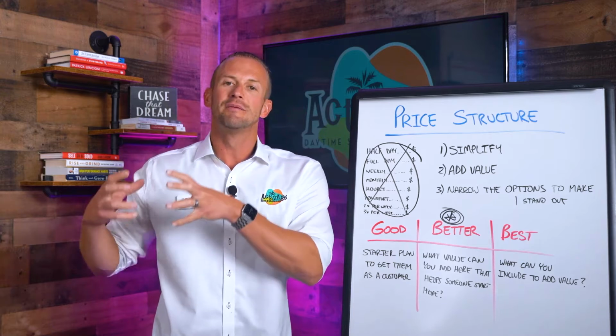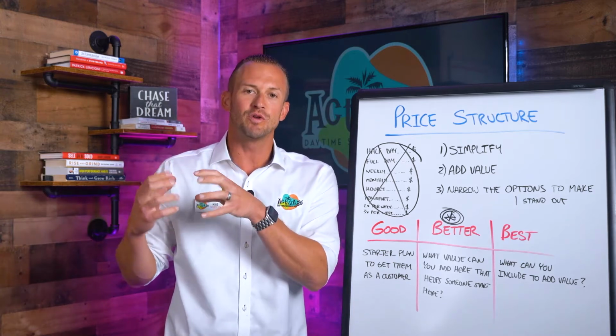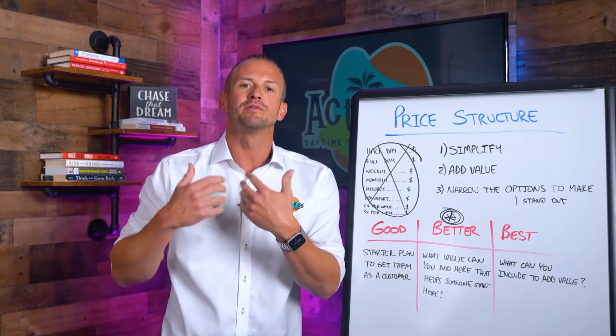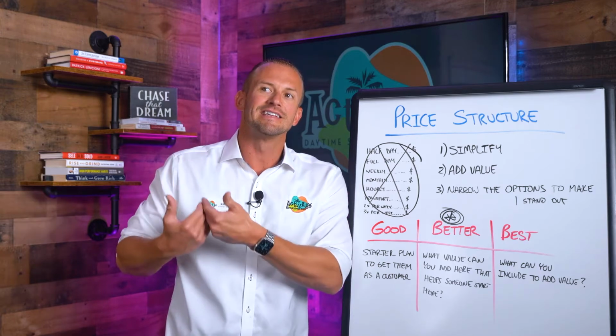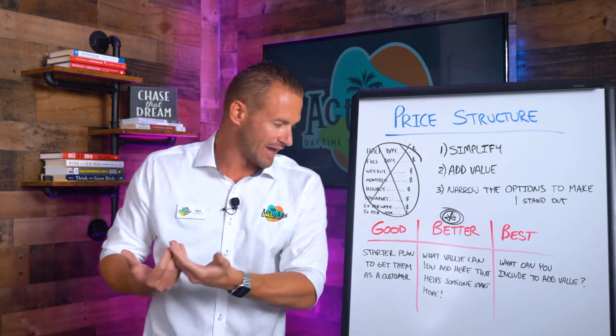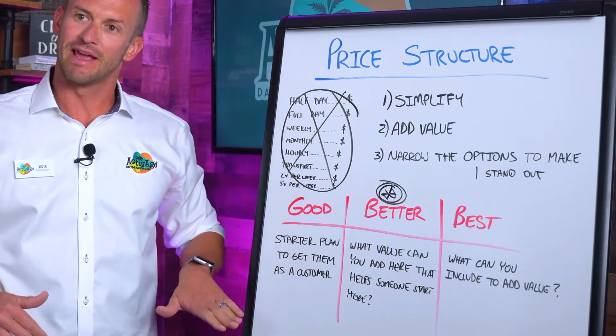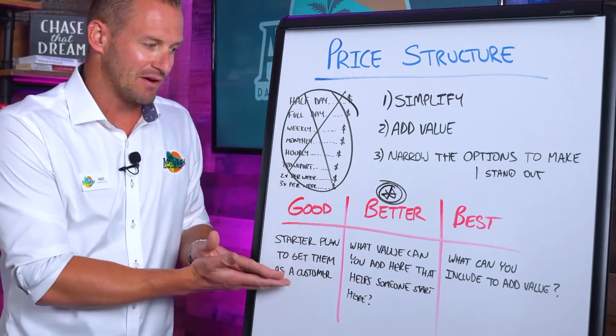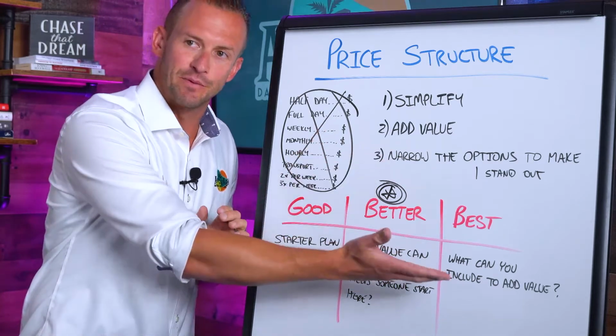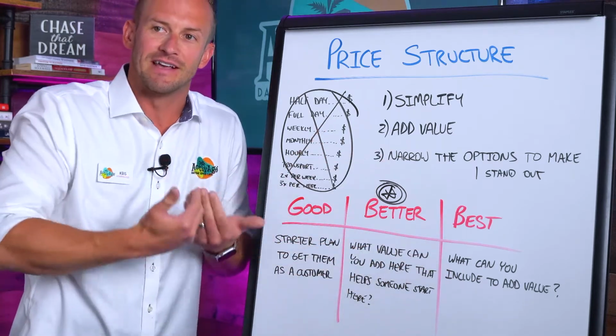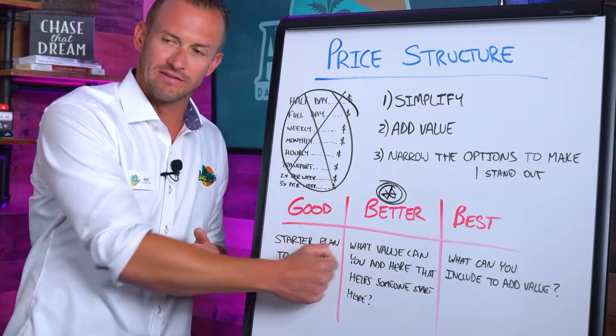So the good plan is used again as a start. We don't want people to start there, but we want people to think, okay, I can see myself at least starting there. The idea behind this plan is you are not trying to sell it, but you're trying to use it as a comparison against the better and the best plan, so that hopefully you're incentivizing people enough to choose one of those plans, okay?